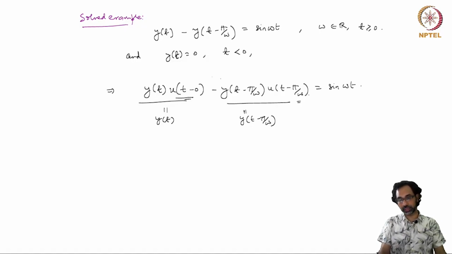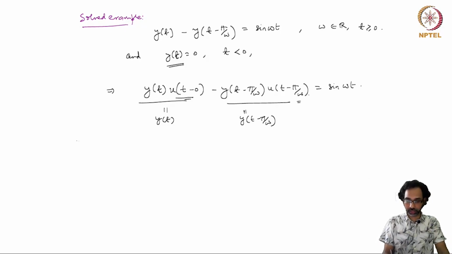So this will conform to the fact that y(t) equals 0. You can write down the definition for these functions and find out that they will precisely give you y(t) for the first term and y(t minus pi over omega) for the second term.